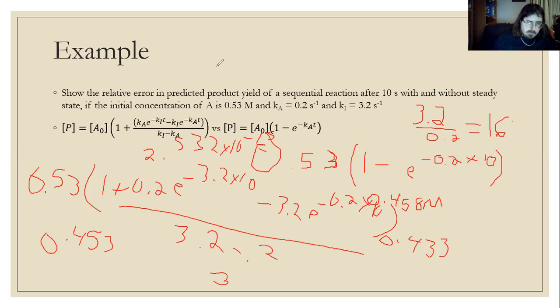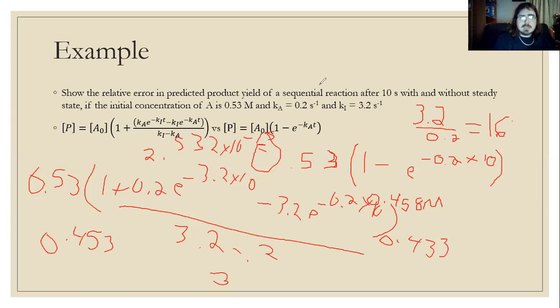So what's the actual error? 0.458 minus 0.453, divided by 0.453, I have a 1.1% error, considering it's only 16 times greater, not 20 times greater.